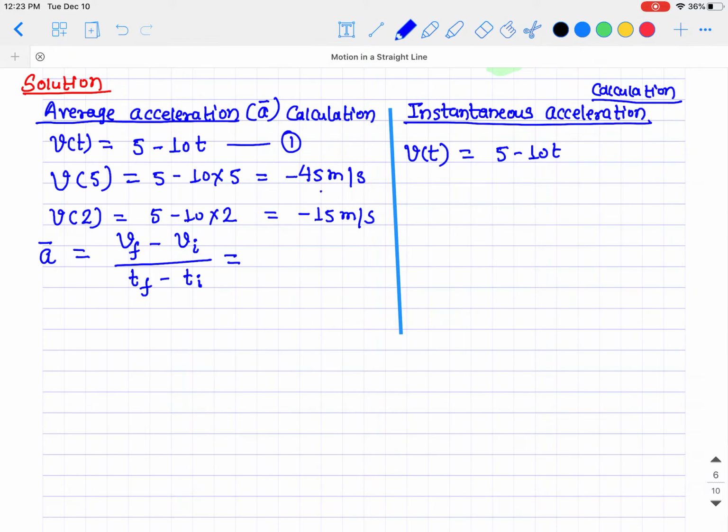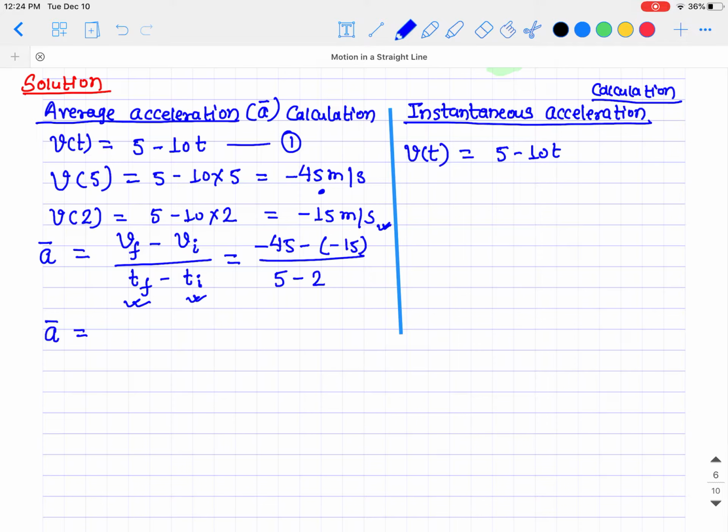The final velocity is the velocity at time t equals 5 seconds, which is minus 45, minus the initial velocity at time equals 2 seconds, which is minus 15. The final time is 5 seconds and the initial time is 2 seconds.